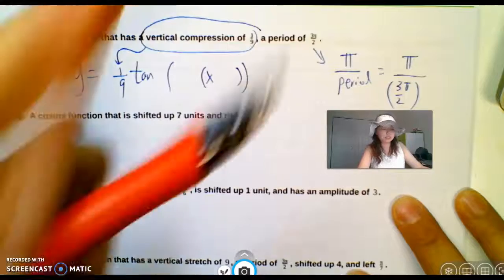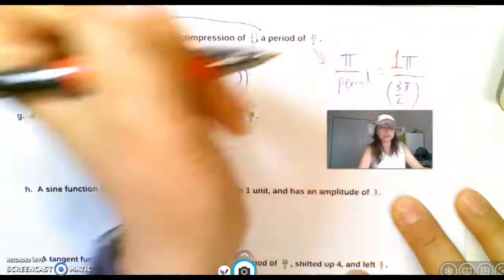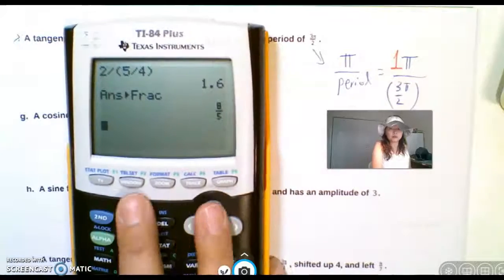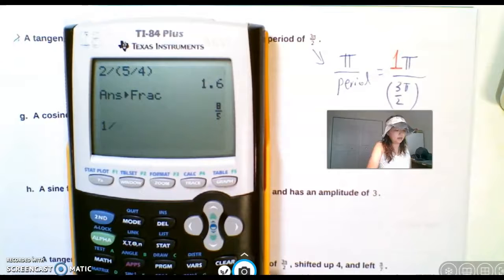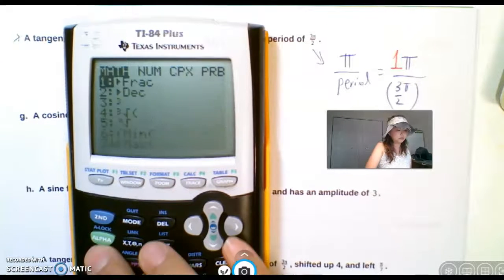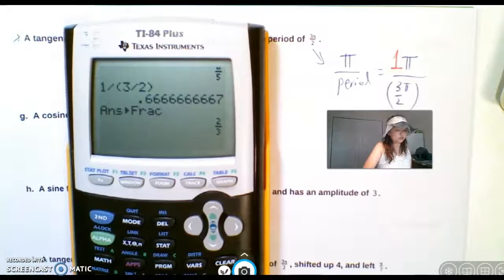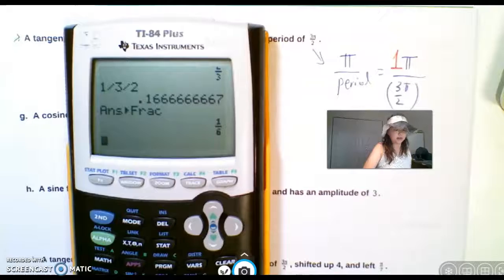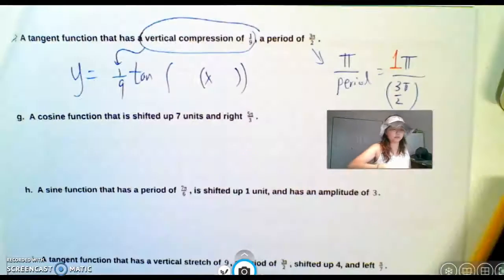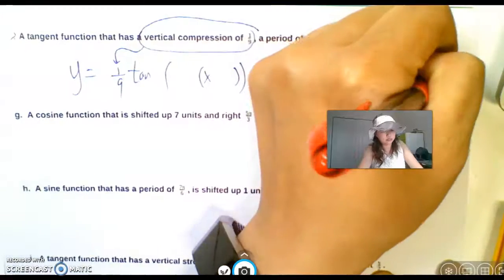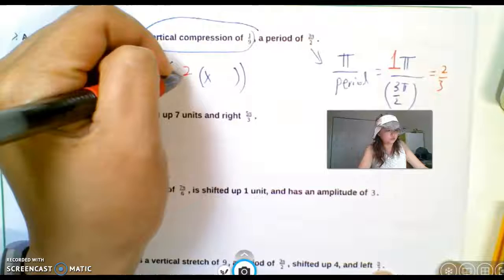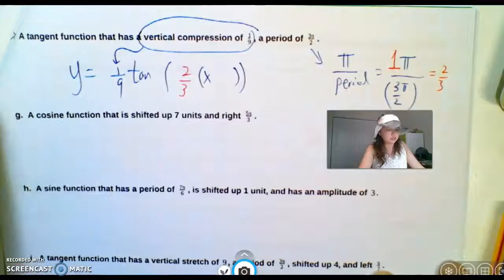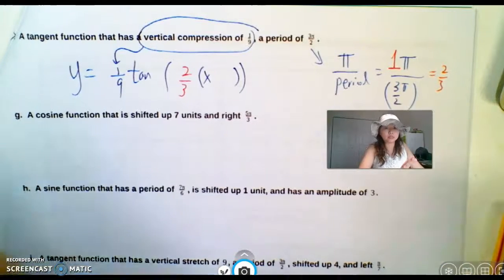What is this nonsense of invisible 1? 1 divided by, open parentheses, 3 over 2. That gives 2/3. Not this. You see? Totally different fraction. We want to make sure we put in parentheses. 2/3 goes here. It doesn't say anything about left, right, or up and down, so that's it.